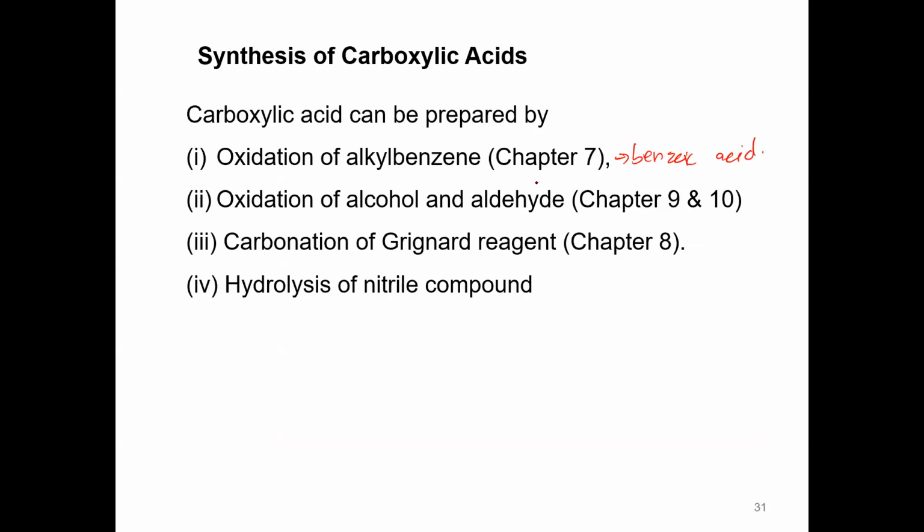Okay. And then oxidation of alcohol and aldehyde. So aldehyde semua tahu apa-apa aldehyde kalau oxidation memang akan menghasilkan carboxylic acid. But for alcohol, to prepare a carboxylic acid, we need to use the primary alcohol. Barulah dapat carboxylic acid. And then the third one, carbonation of Grignard reagent is reaction between carbon dioxide plus RMgX dengan Grignard reagent lah akan produce a carboxylic acid.